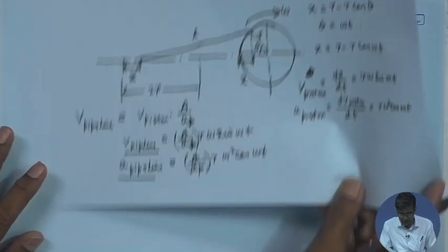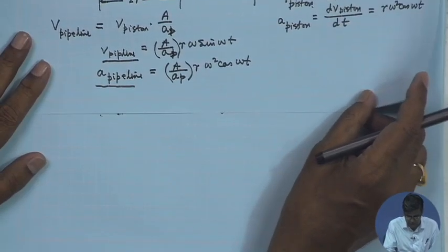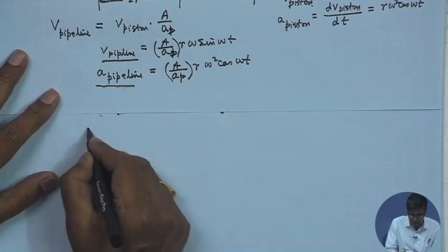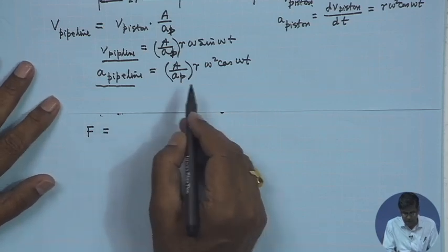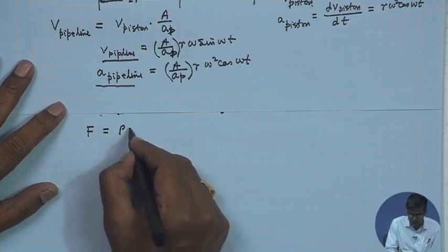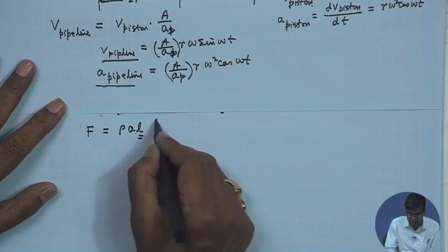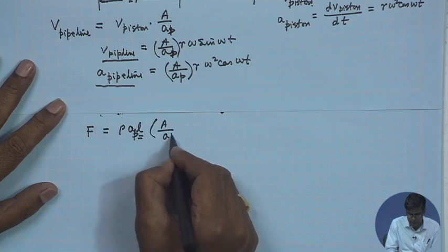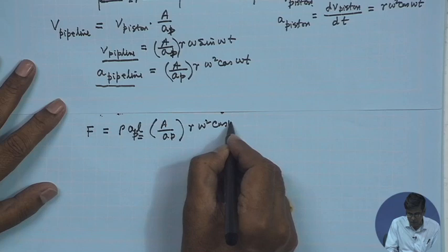Now, with this acceleration in the pipeline, to create this acceleration we require a force equal to this acceleration times the mass of the fluid. The mass of the fluid in the pipeline is rho AP L, where L is the length of the pipeline, times A by AP r omega square cos omega t.